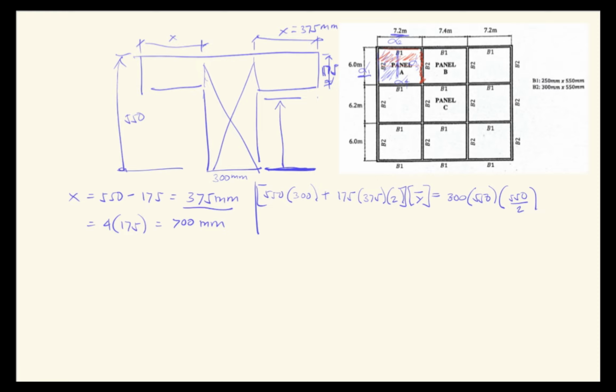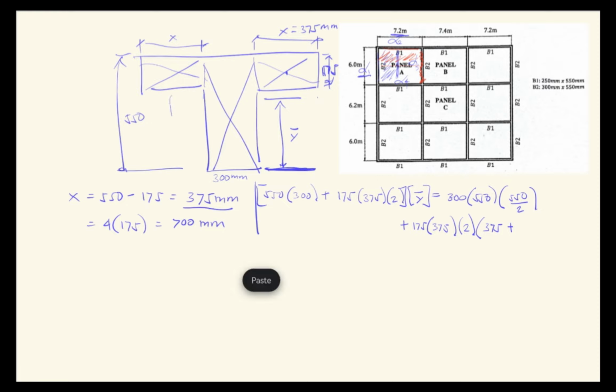Say this is our y bar. Okay, plus 175 multiplied by 375. There are two cross sections of this, so we multiply this by 2, multiplied by the distance of the centroid of those smaller cross sections with reference to our reference. So that would be 375.